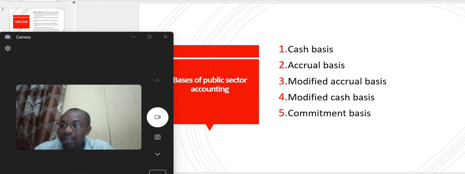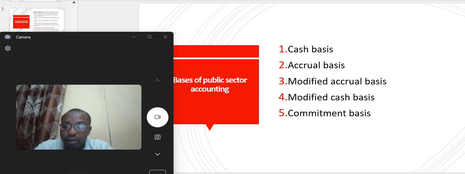So you will see that some of those transactions that were done in the previous year but were not captured because we are using cash basis will now be captured, because some of those payments will be made in January, February or March, but you recognize them on 31st December of the previous year. We call this method modified cash basis of accounting.